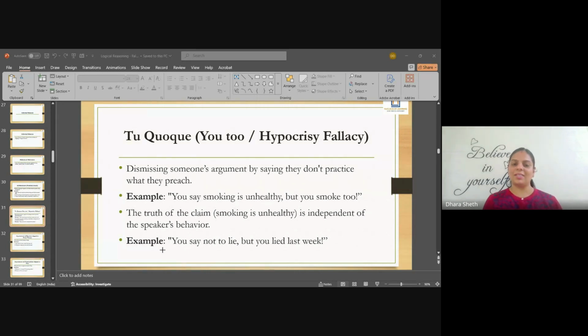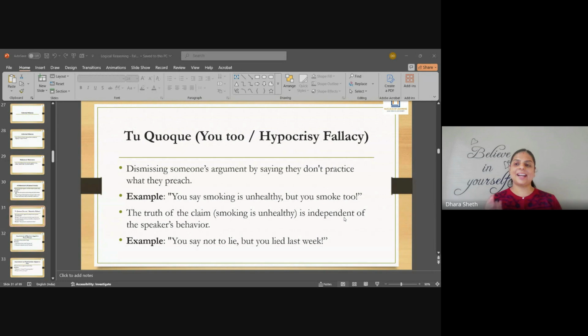Tu quoque is a fallacy where you say that just because you are doing it, you don't have the right to tell this to me. Dismissing someone's argument by saying, you say smoking is unhealthy, but you smoke too, so you can't say that.